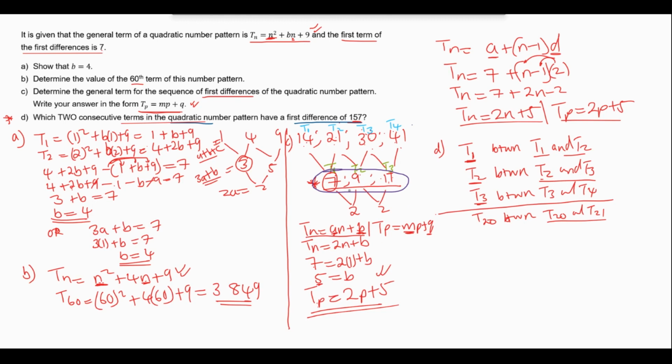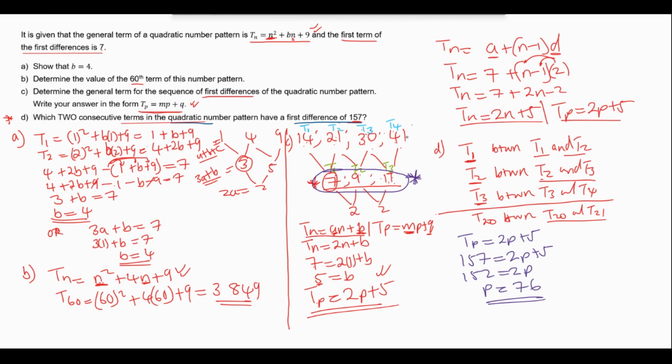So now, 157 is term number what here? We got our general term Tp = 2p + 5. So 157 = 2p + 5, and then 152 = 2p, meaning that p = 76. So 157 is term number 76 in the first differences.